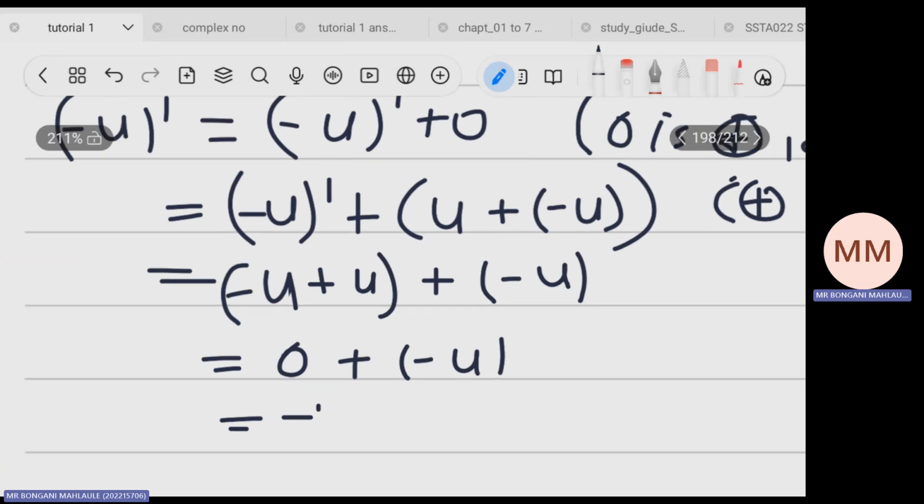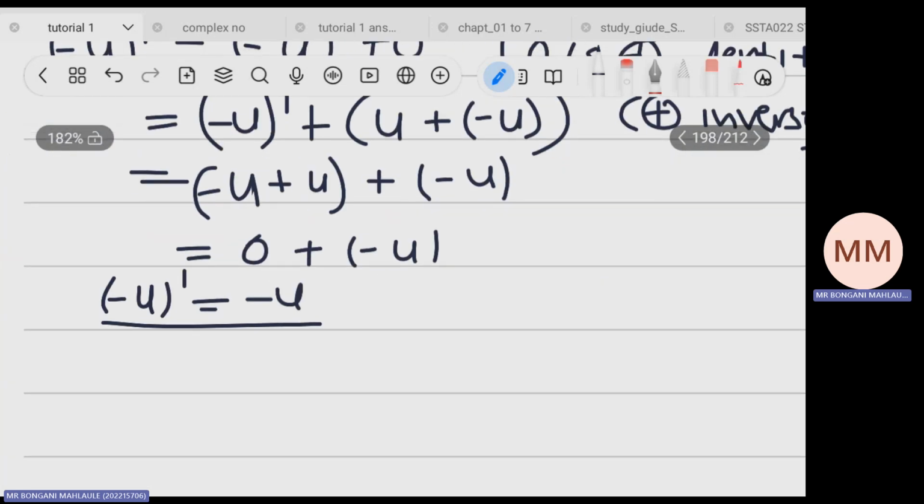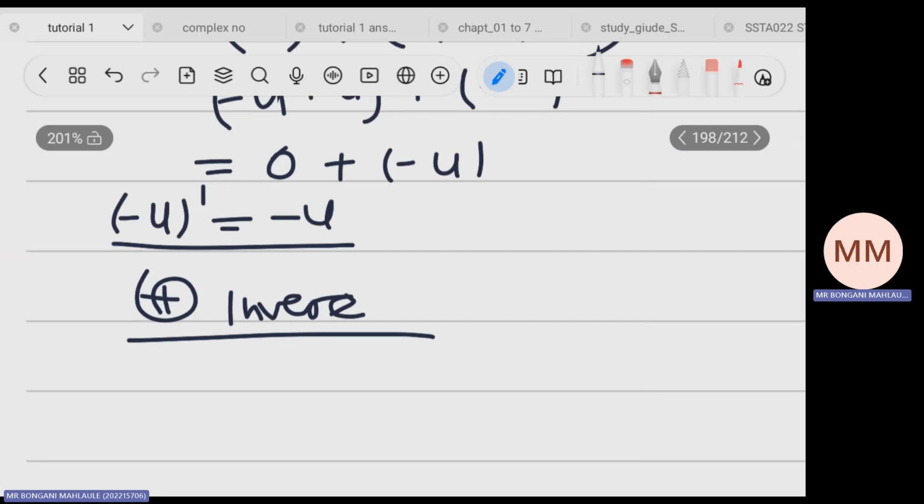It's just equal to negative u. So we've managed to show that negative u prime is equal to negative u. So this is the uniqueness of the additive inverse. The first one was the uniqueness of the additive identity.